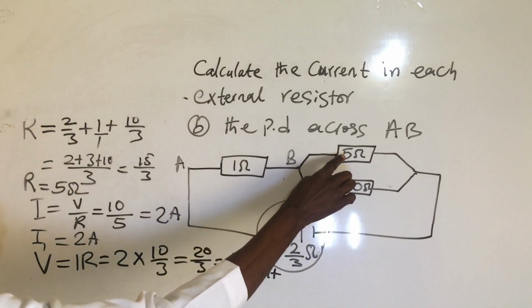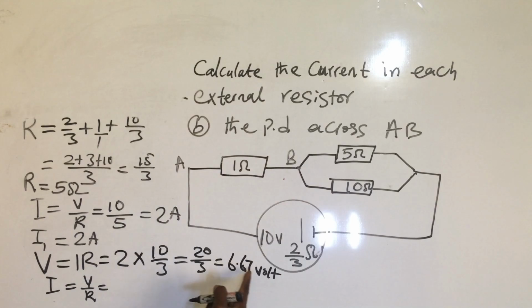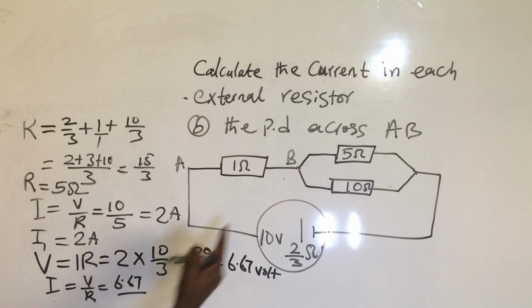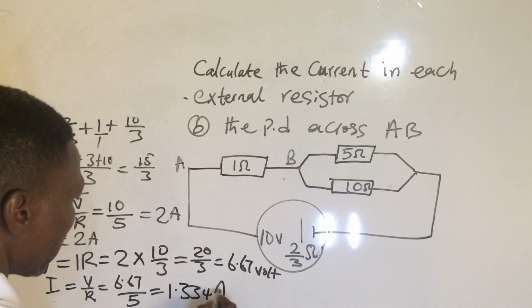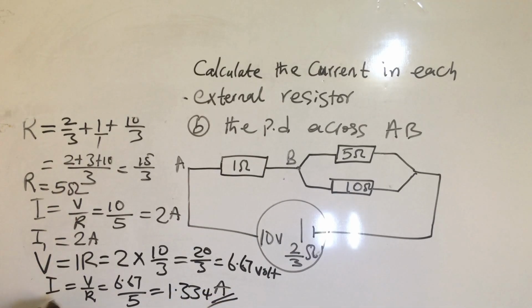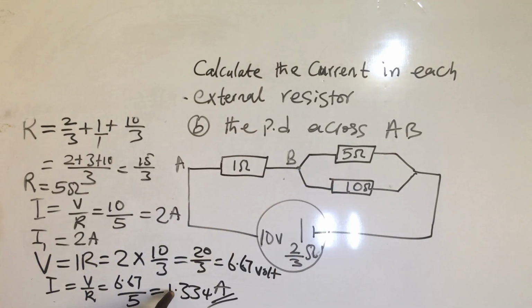Now let us find the current across this 5. I equals V over R, where V across here is 6.67, all over R, which is 5. The answer will be 1.334 ampere. So the current across this one is 1.334 ampere.